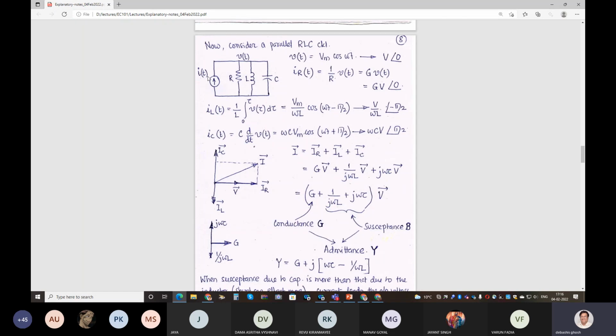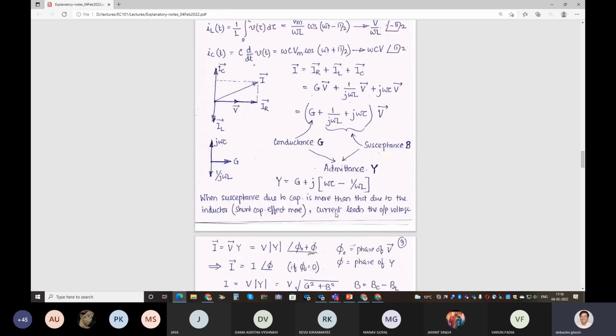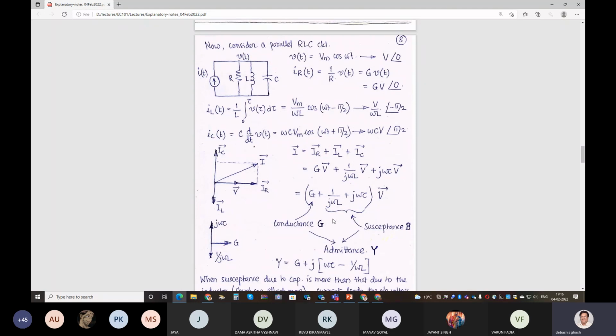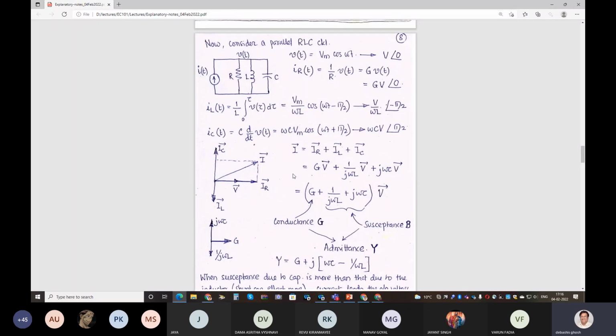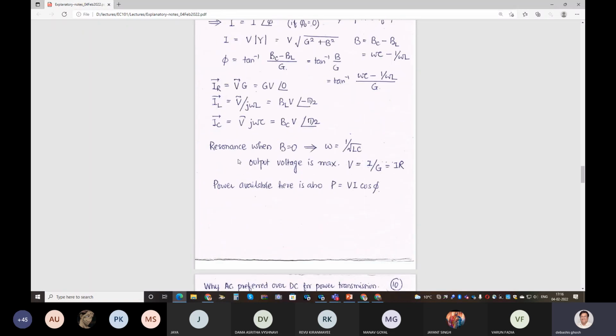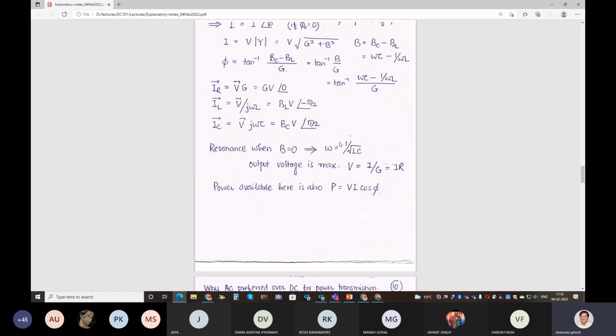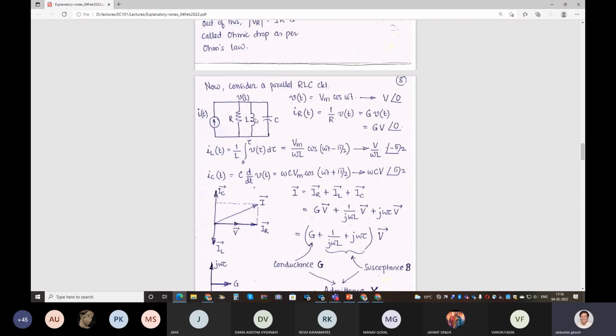We have seen in the phasor diagram that when omega L is equal to 1 by omega C, that is the resonance condition, your output voltage V will be equal to I by G, because in resonance these two cancel each other.